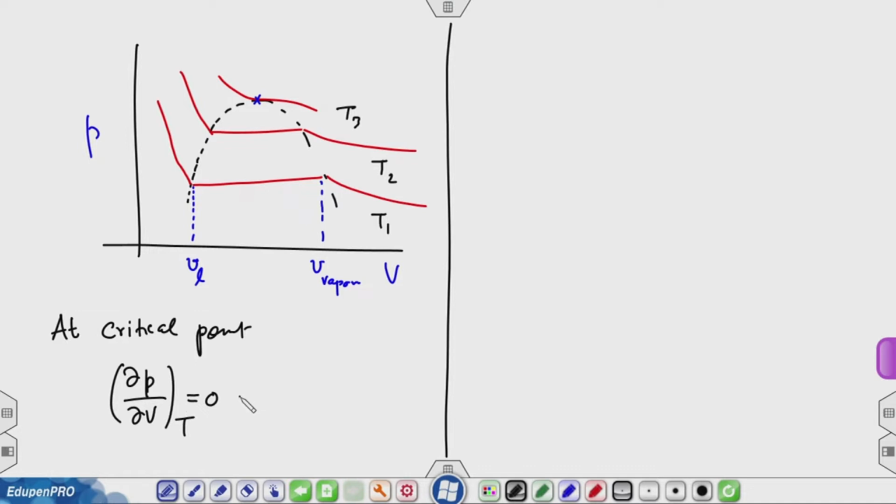And this implies that 1 over V partial P at constant T goes to infinity.